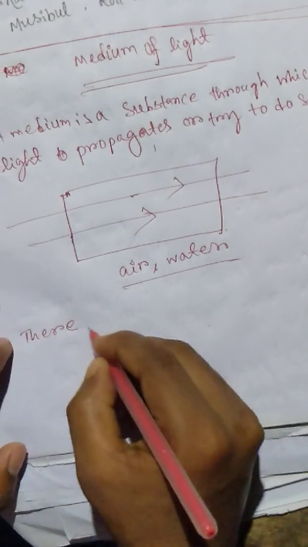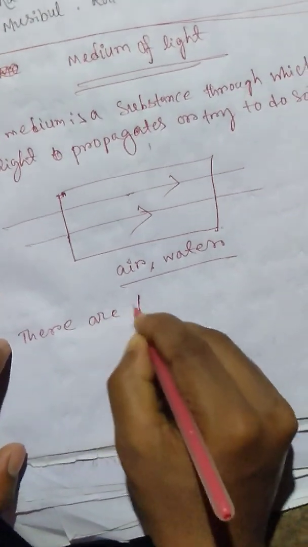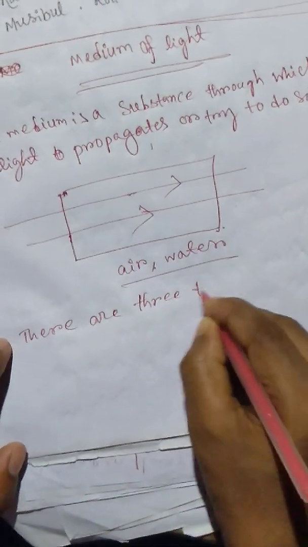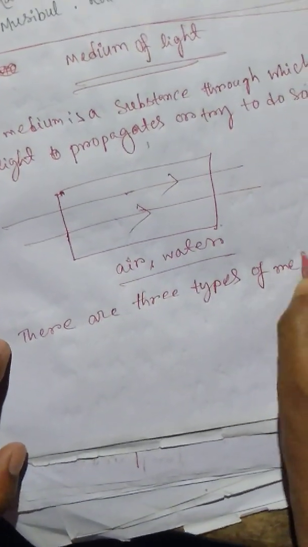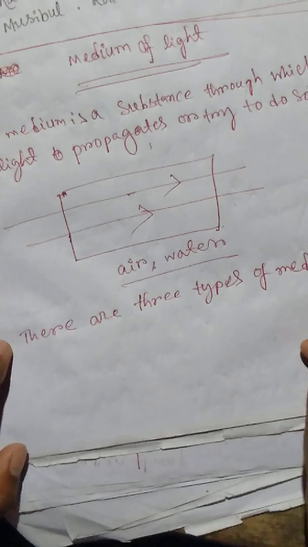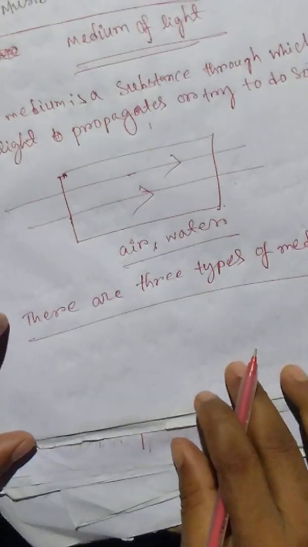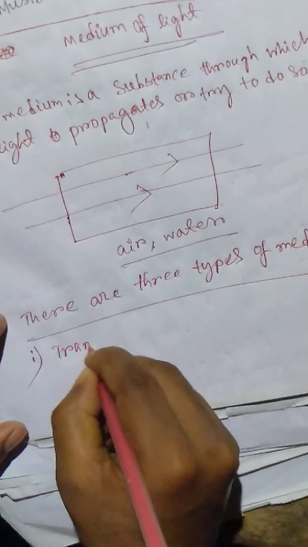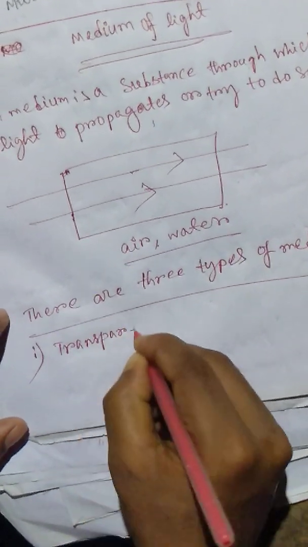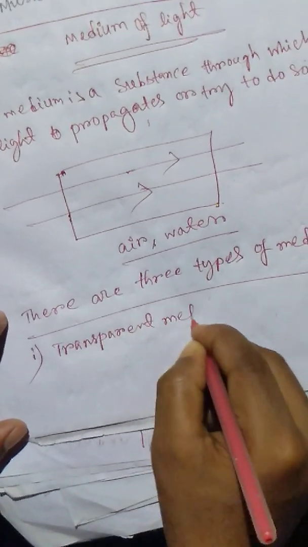There are three types of medium. First is the transparent medium.